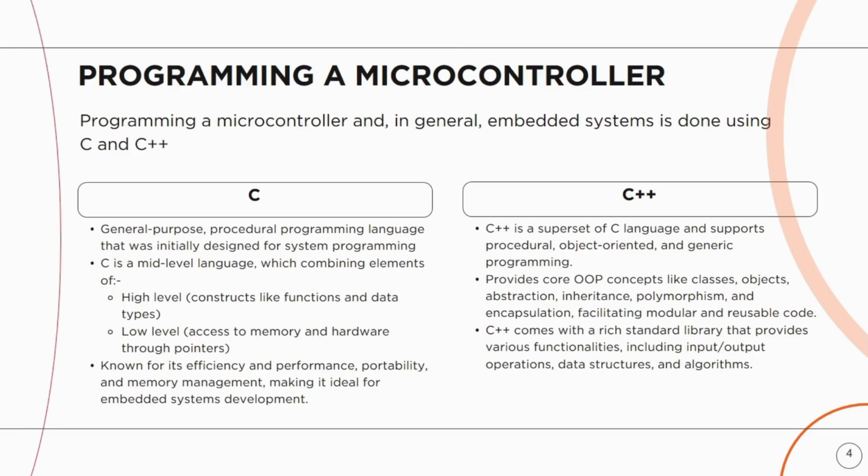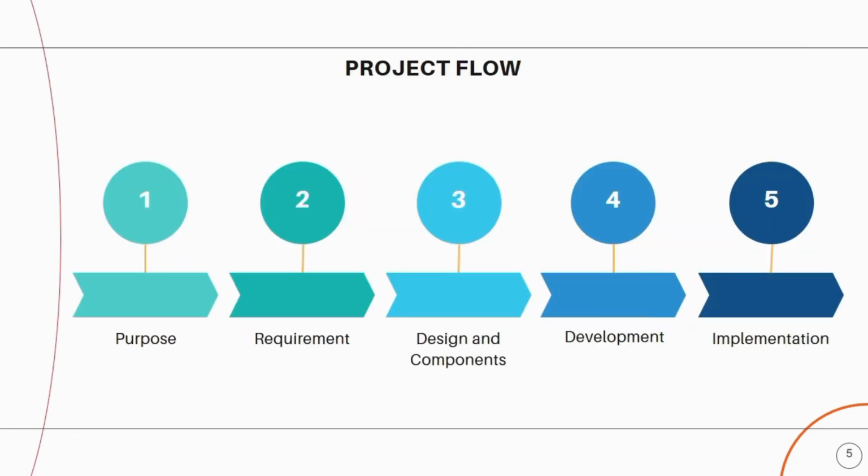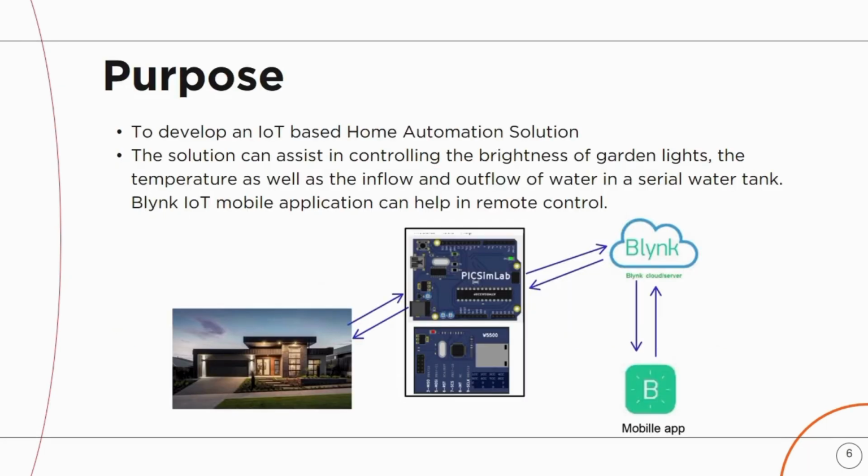So the project is home automation based on IoT, and the flow that was used for the project is as follows: the purpose, the requirements, design and the components used, the development, and finally the implementation. The purpose of the project was basically to develop an IoT based home automation solution.